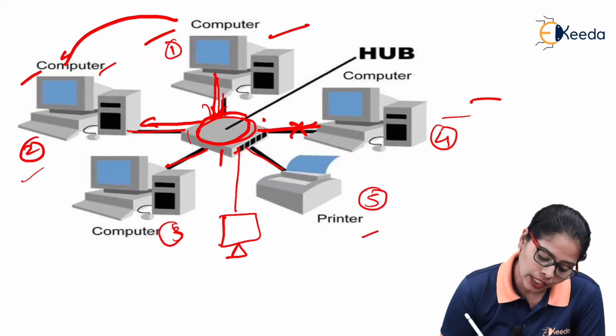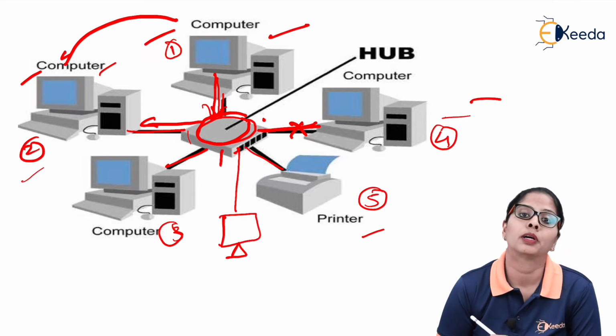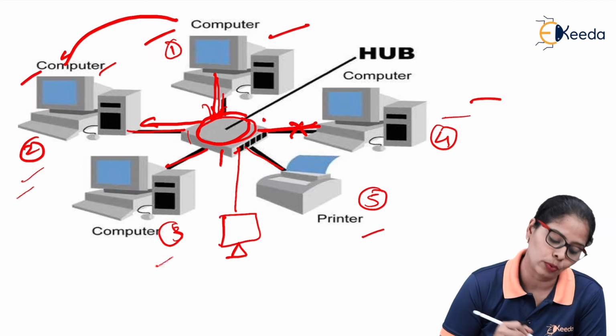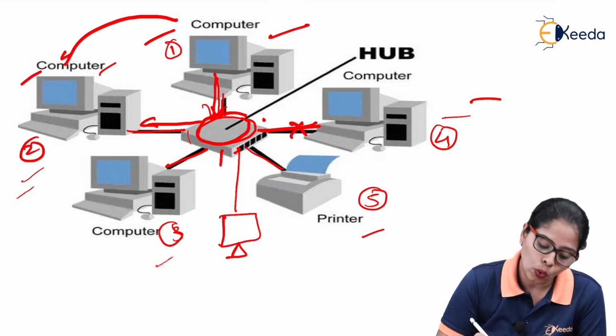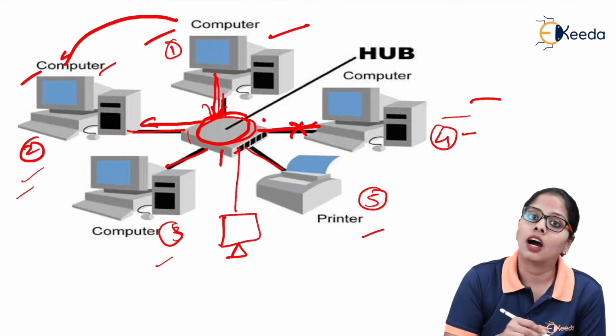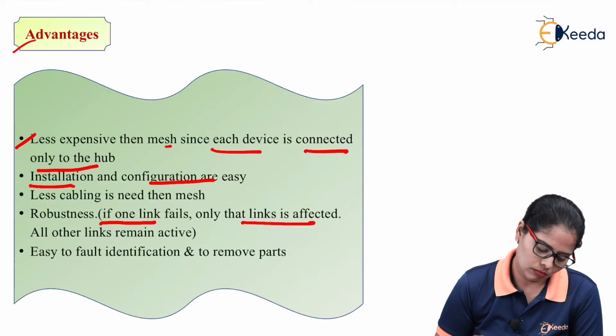You can communicate with the other devices, you can communicate with the printer, with computer 4, computer 3, computer 2, computer 1. Only the communication with that one computer is affected. The other communication is not affected.